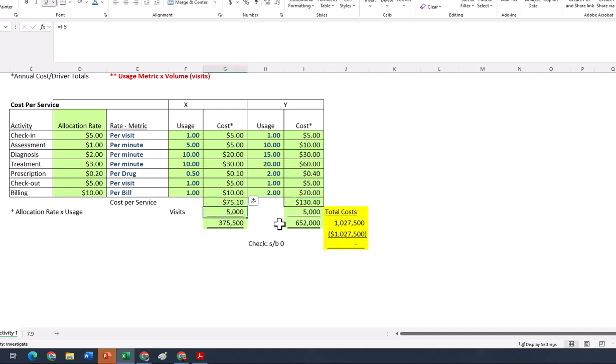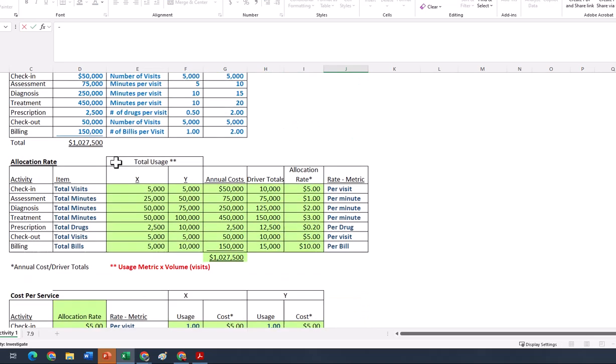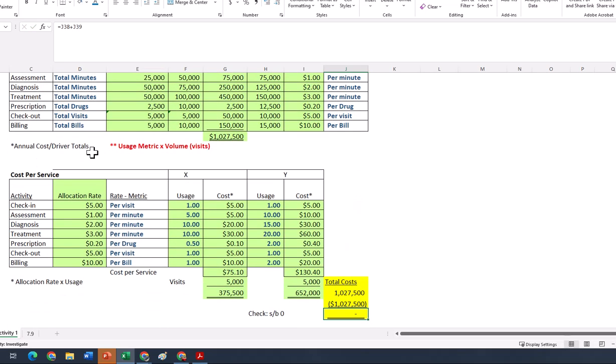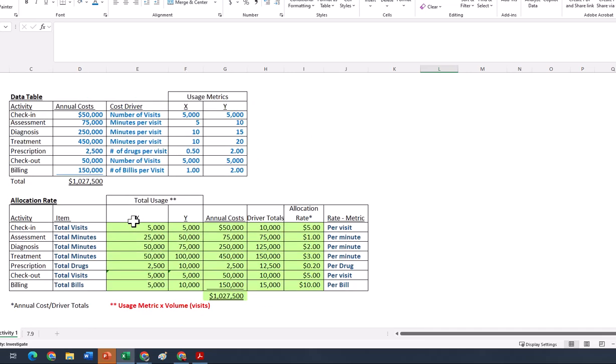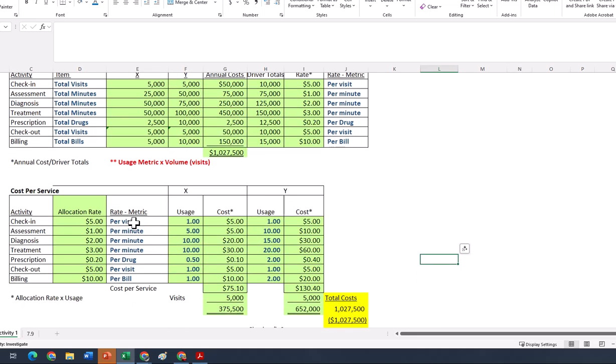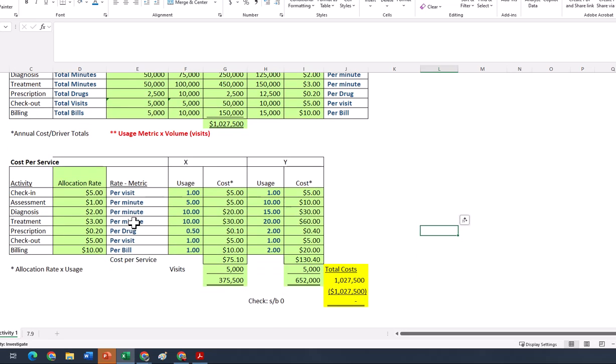We total them together. We say, what were we trying to allocate out? We're trying to allocate out this. Should be 0. So it's just a little bit more detailed.